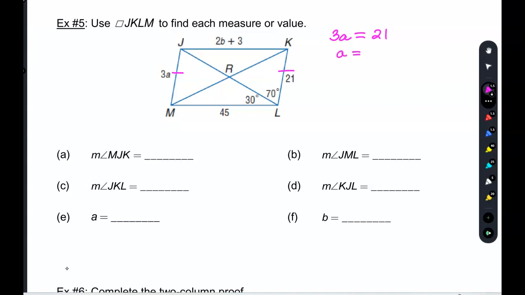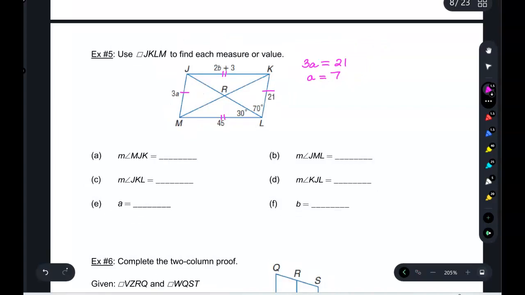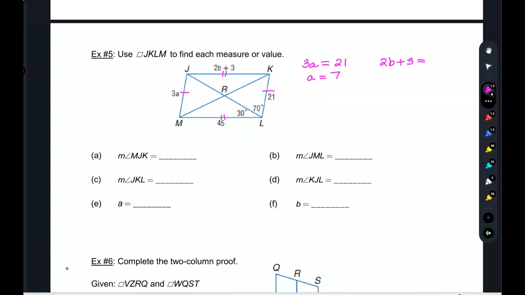So A equals 7. And we also know 2B plus 3 is 45. So let's see. What do we get for B? B is 21. Wait, 21.